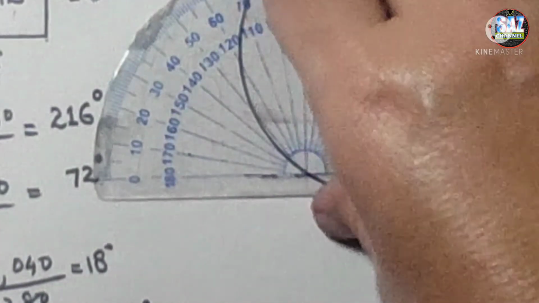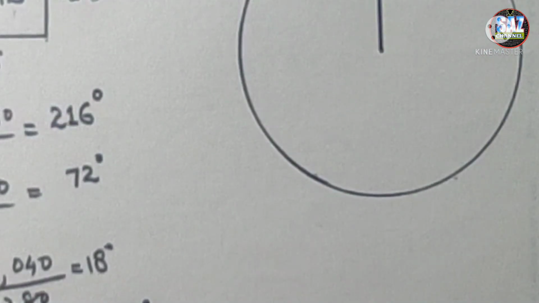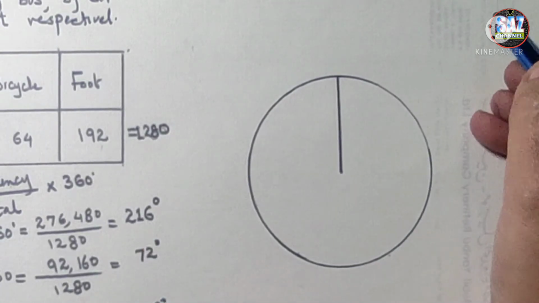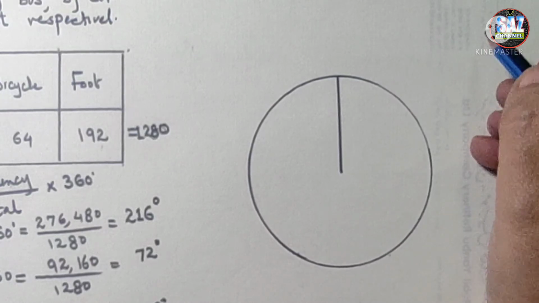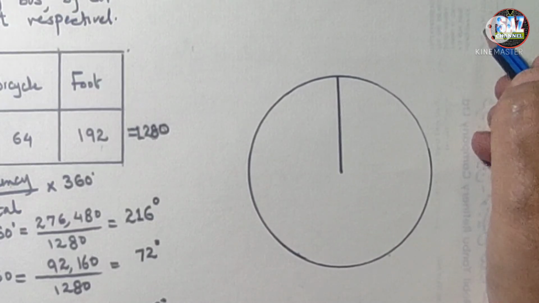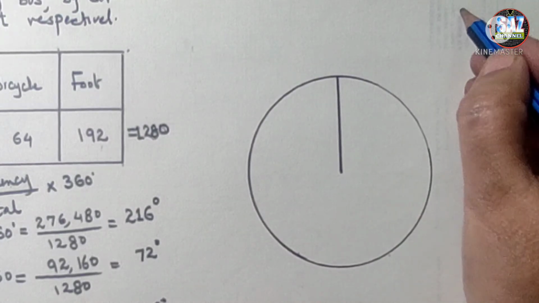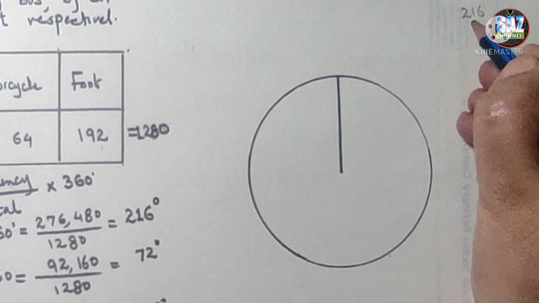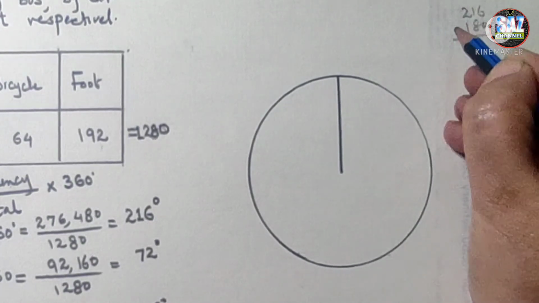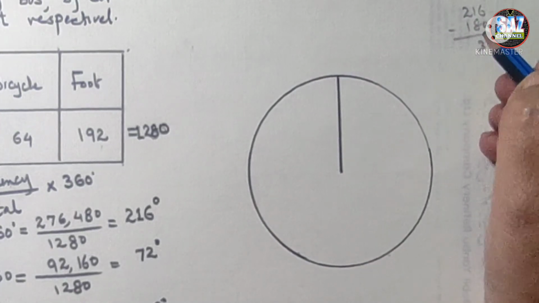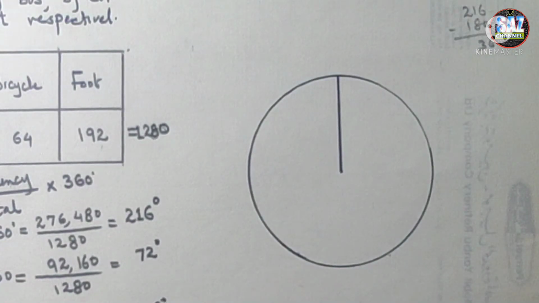Now the first angle that we need to construct is 216 degrees. You can see that 216 degrees is a reflex angle. Students at this stage are too young and find difficulty constructing a 216 degree angle. So as a teacher, we can ask them to take away 180 from that: 216 minus 180 leaves 36 degrees.